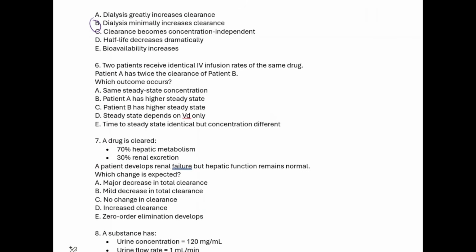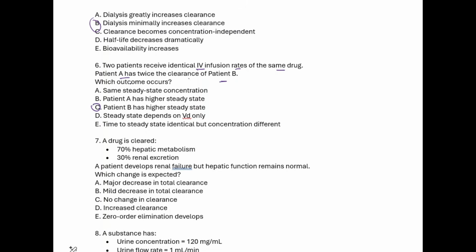The next question there: two patients receive identical IV infusion rates of the same drug, and patient A has twice the clearance of patient B. Which outcome occurs? So they are telling us here that patient A has twice the clearance of patient B. So that means patient B is going to have a higher steady state.